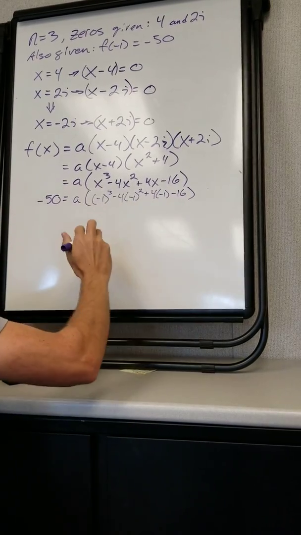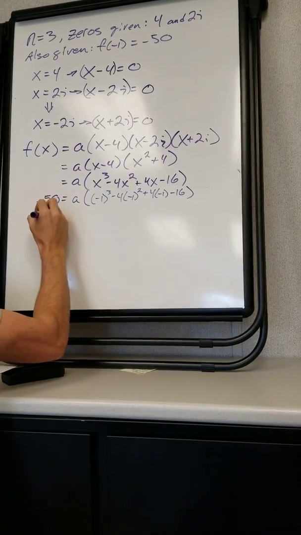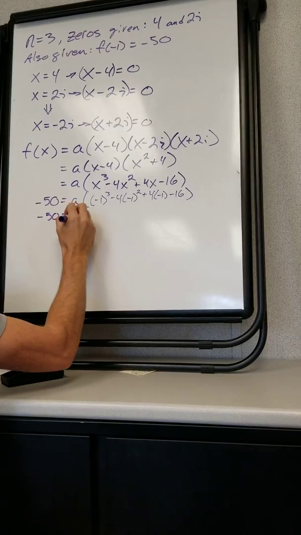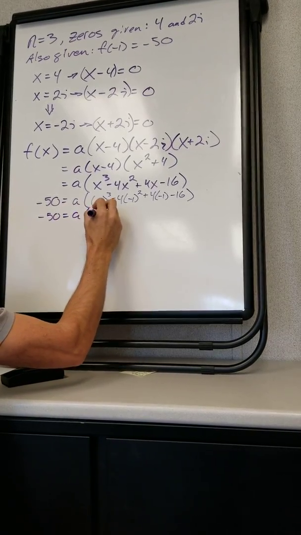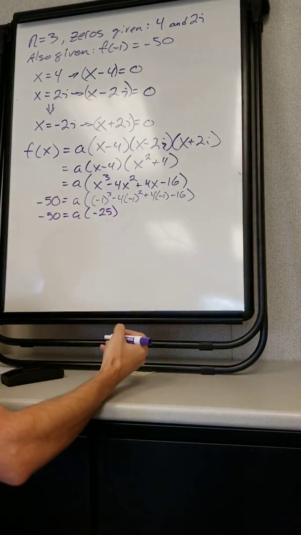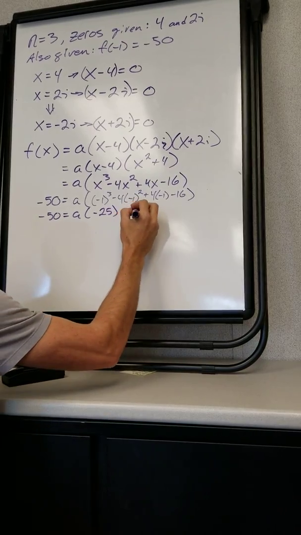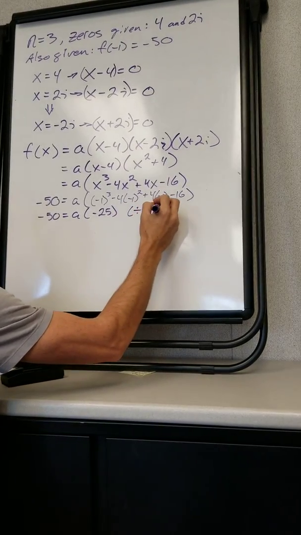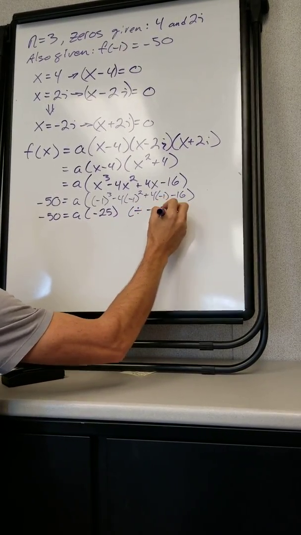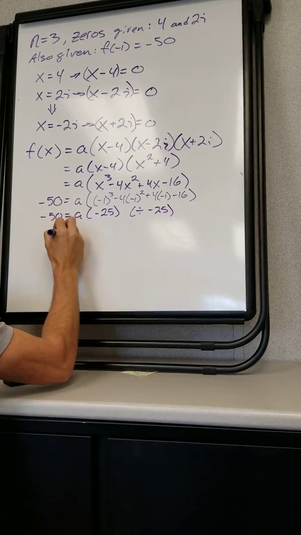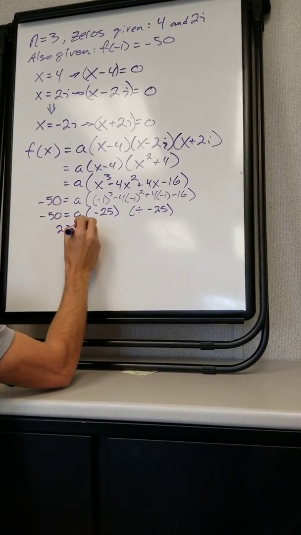I've already done out this arithmetic, and it turns out, very conveniently, that it's equal to -25. So I'll divide both sides of my equation by -25 in order to solve for my a value, and I get an a value of +2.